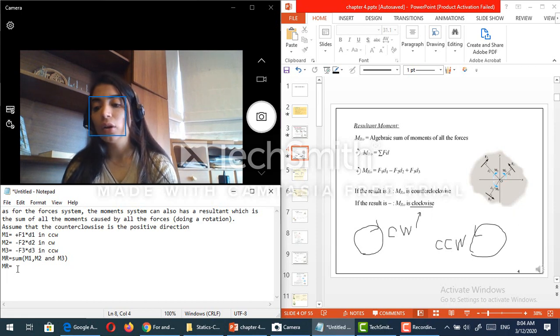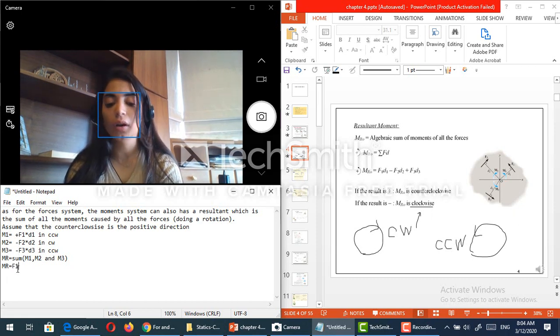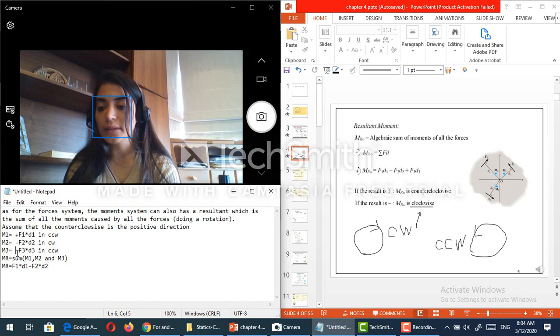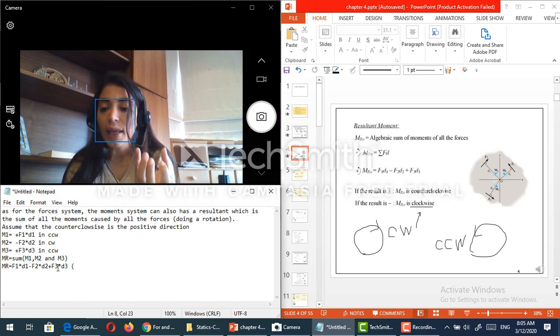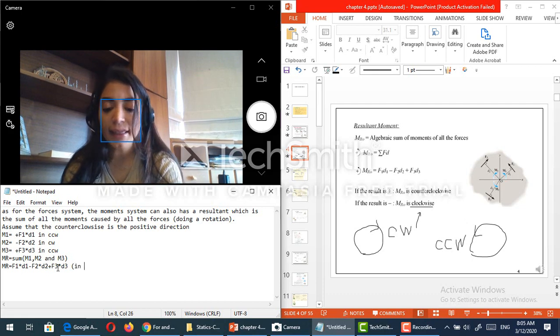So MR will be equal to F1 times D1 minus F2 times d2, sorry, this is in the positive direction, plus F3 times d3. And this will give me a value, and this value is in counterclockwise direction.